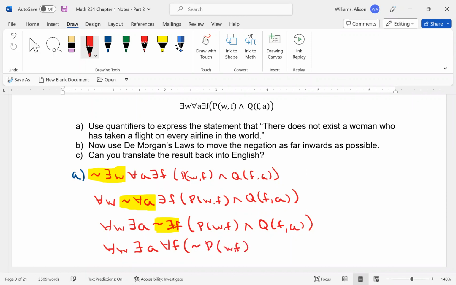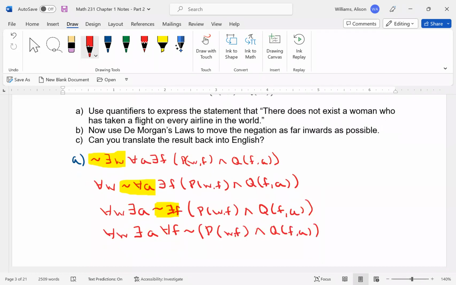She didn't take that flight. This situation does not exist. Sorry, I should be applying the negative like this, outside. We're going to apply it to the and statement. I'm having trouble writing these parentheses. There we go. All right.